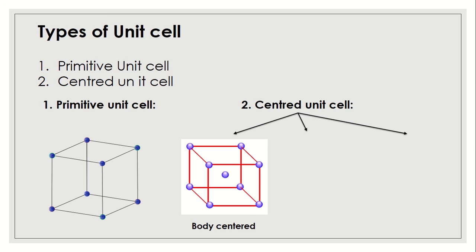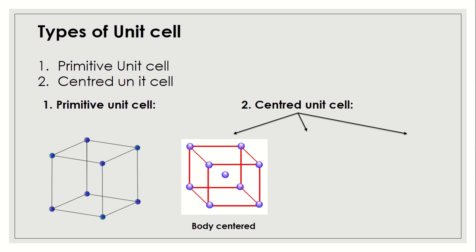In the body-centered unit cell, one constituent particle such as an atom, molecule or ion is present at the center of the unit cell, in addition to the particles present at the corner positions.